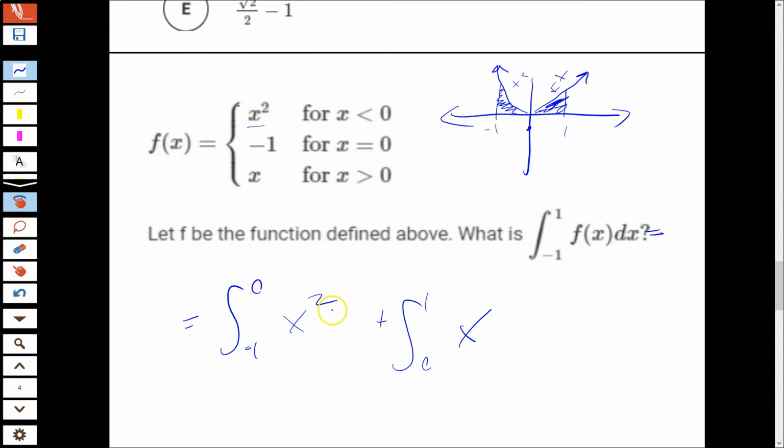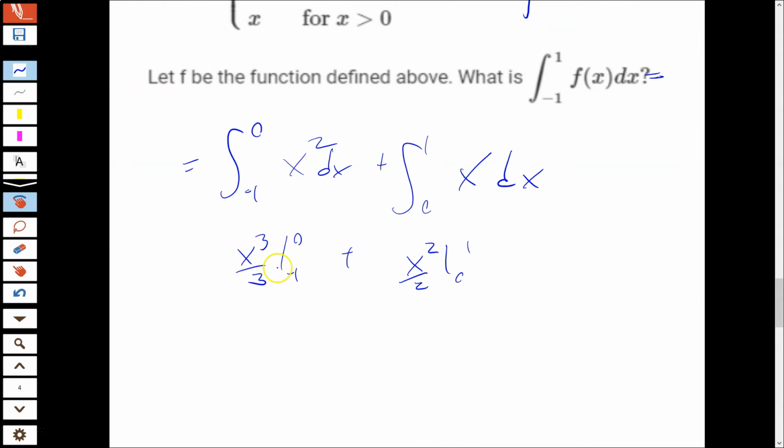If you think really hard, you actually probably know the reason why. And then we just integrate and solve it. So we get x to the third over 3 evaluated from negative 1 to 0 plus x squared over 2 evaluated from 0 to 1.